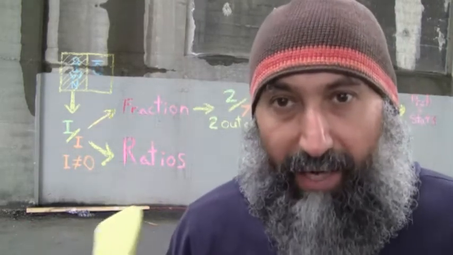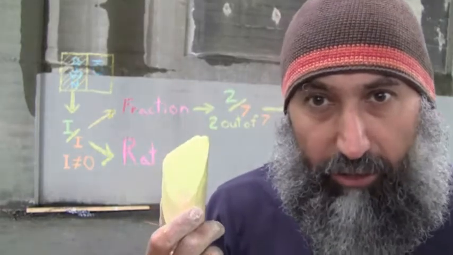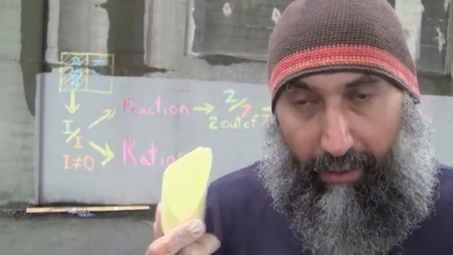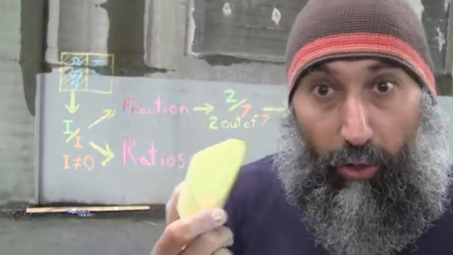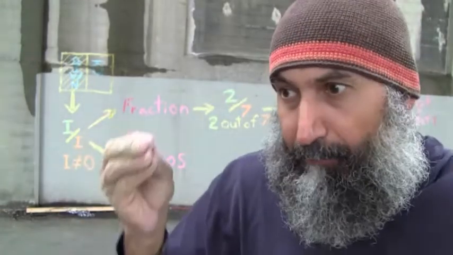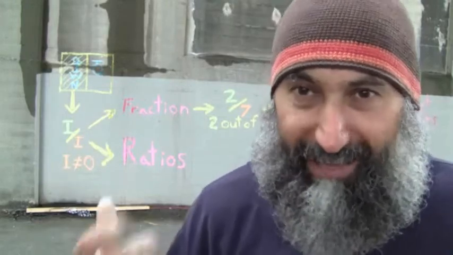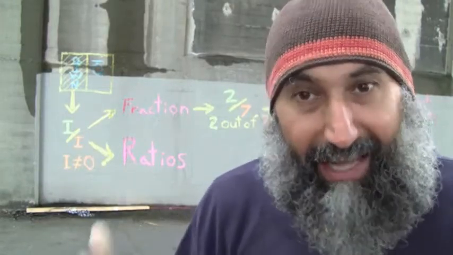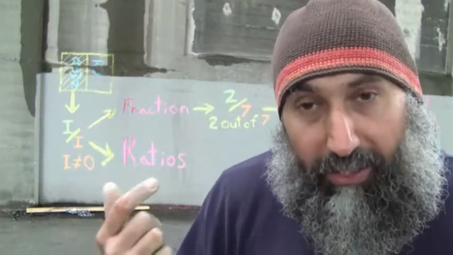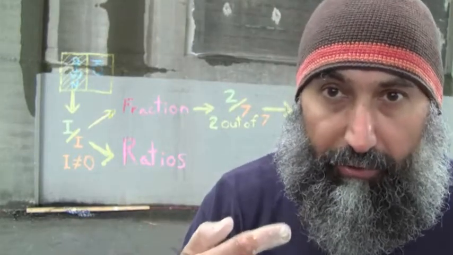So the way we define ratios is not 2 out of something, right? We define it as being 2 for something. It's something for something else, okay? It's comparing two numbers of the same type, of the same kind. And this is what we need to learn to be able to do our unit conversions.